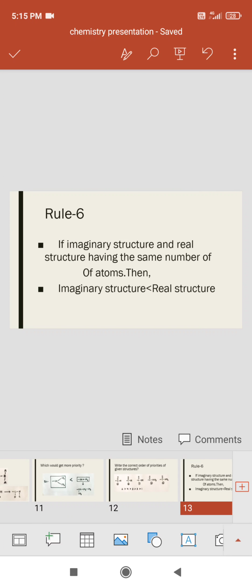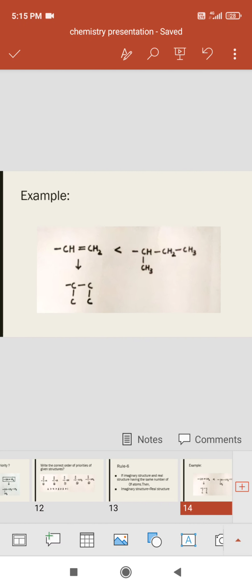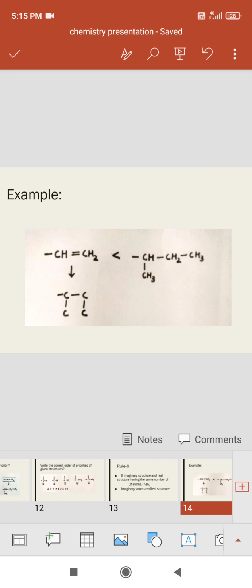Now rule 6 is, if the imaginary structure and the real structure have the same number of atoms, then the imaginary structure has less priority than the real structure. See with the help of an example. In this case, in the first case, CH double bond CH2. To make it easier, we have to convert it into the single bonded or hypothetical structure. So we know how to convert it. So convert it into the hypothetical structure, and the second structure is easy, it contains the single bond.